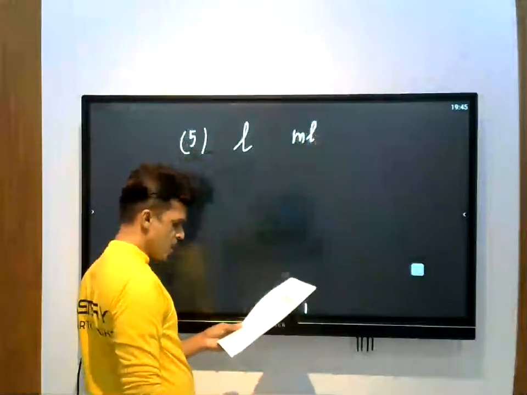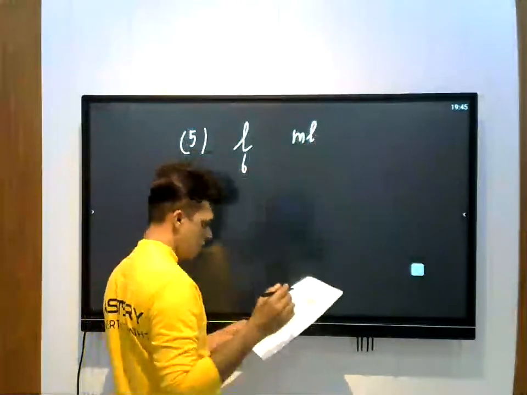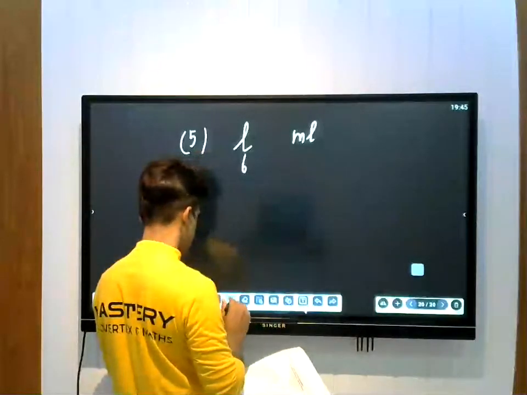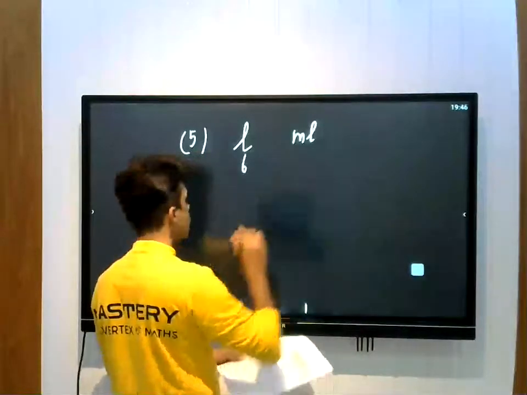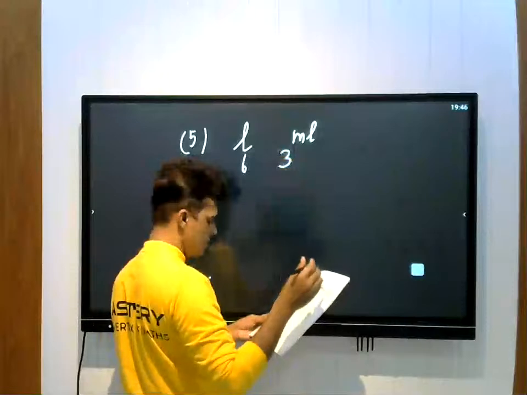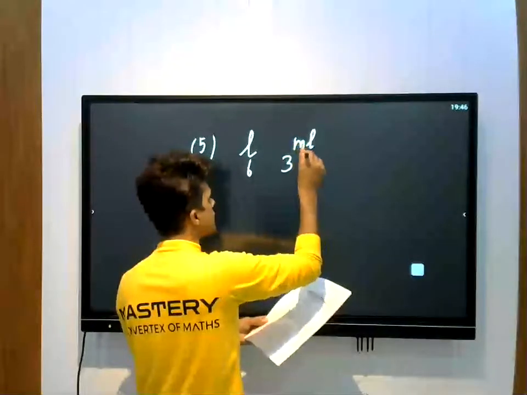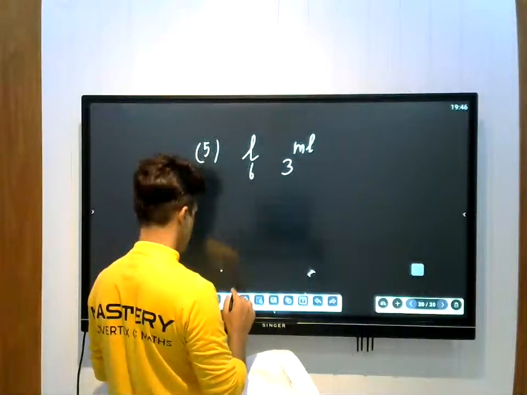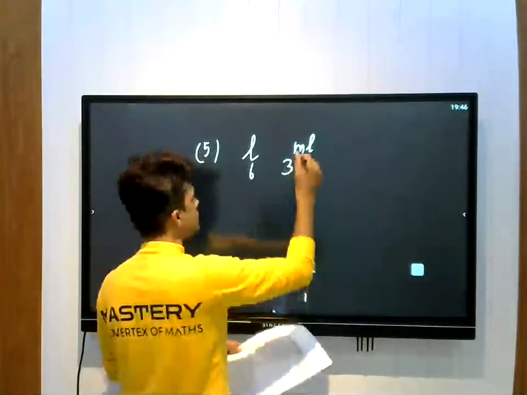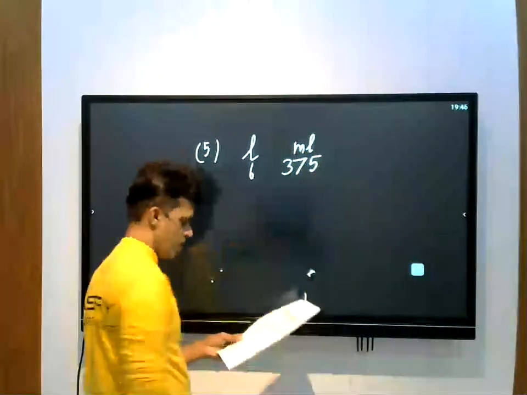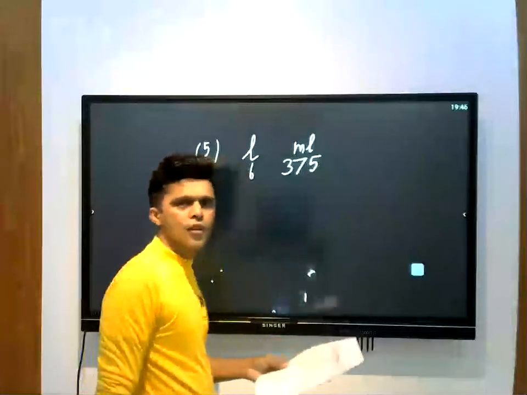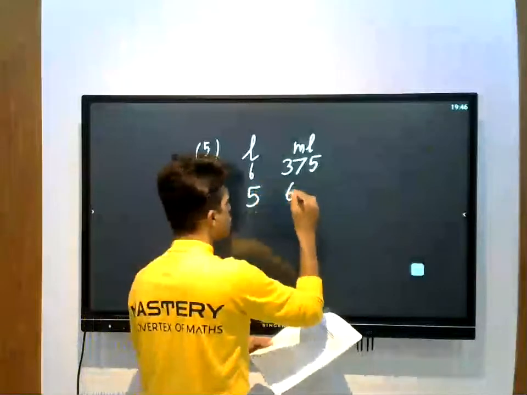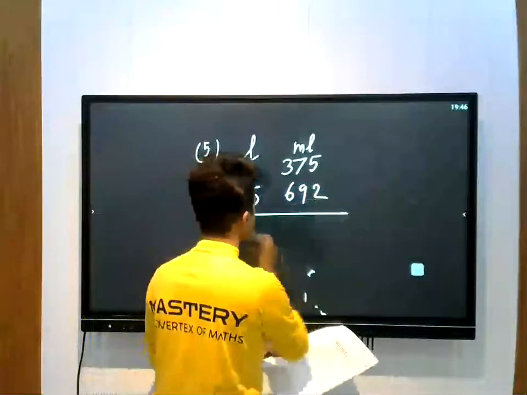What you have to do here is subtract: 6 liters and 375 milliliters minus 5 liters and 692 milliliters.